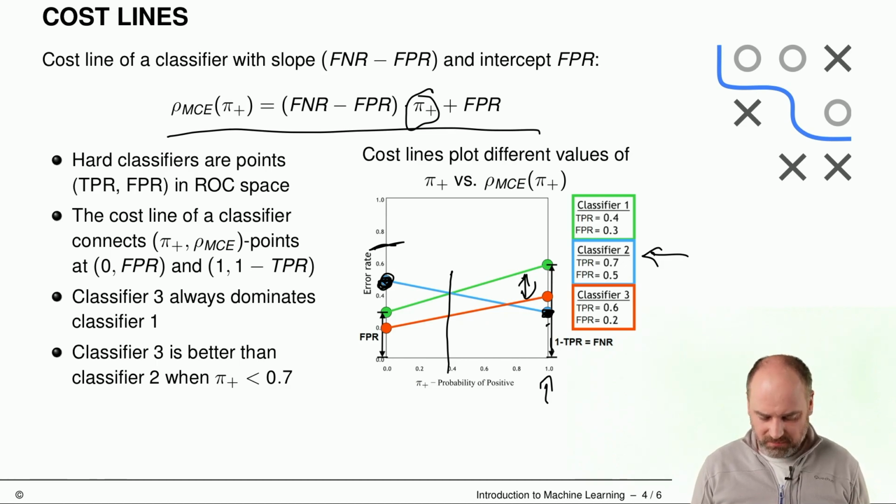This is left of 0.4, where all of the prior probabilities are less than 0.4, and if they are larger than 0.4, then the green one wins. Okay, good.